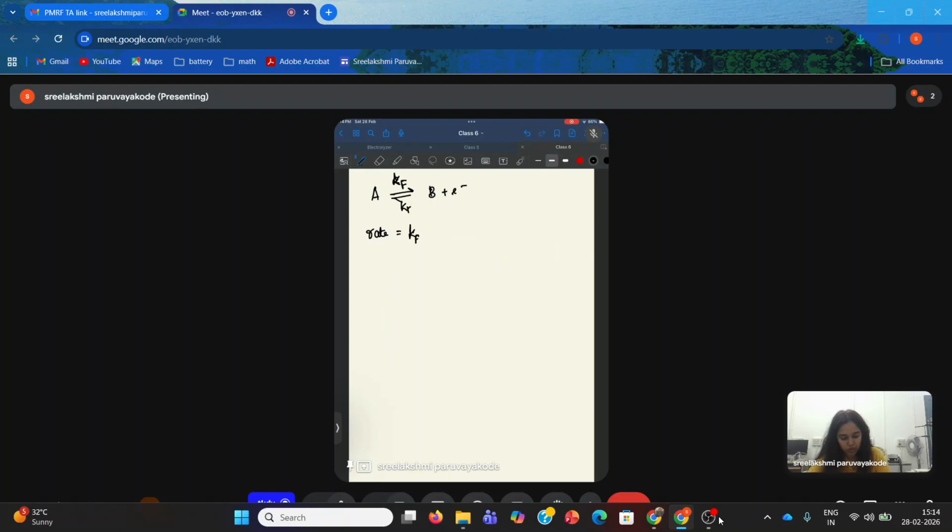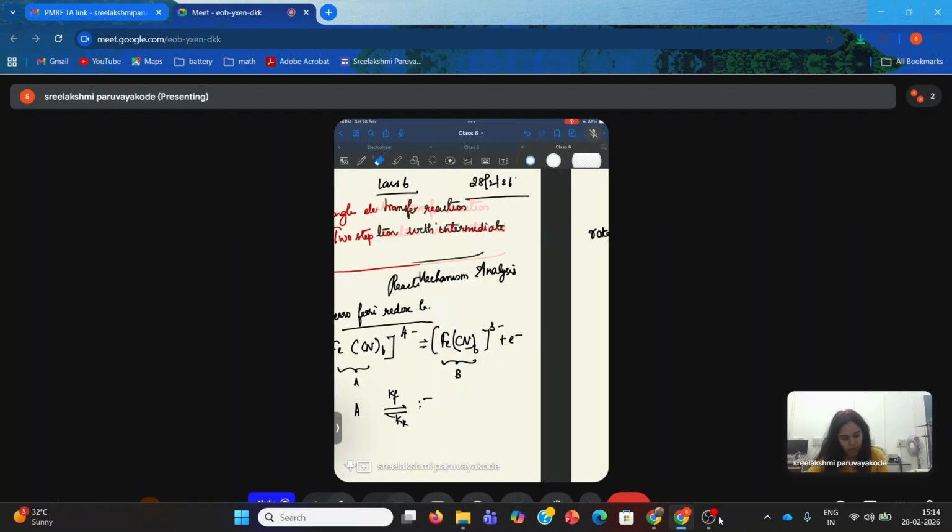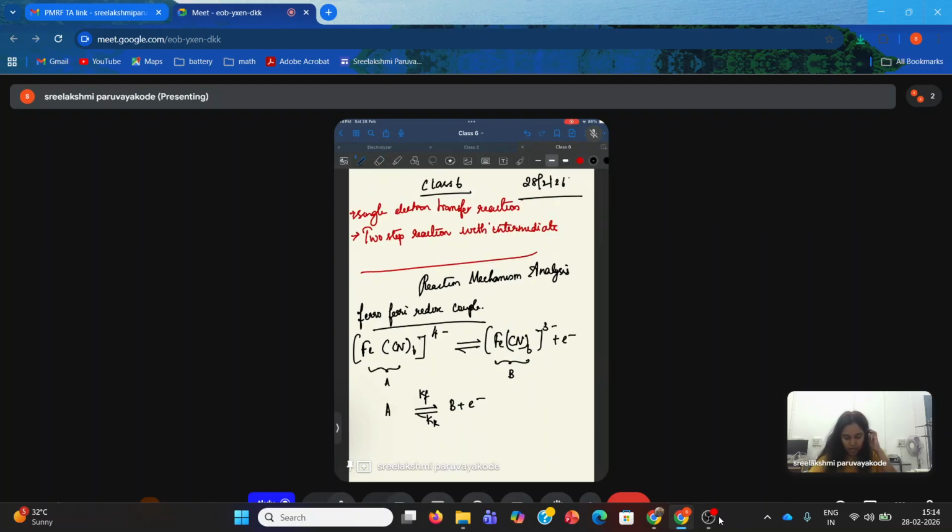Instead of writing it like this, let me go back here. Fe(CN)6 4 minus. What is the charge of Fe here? You know the charge of cyanide is minus 1.